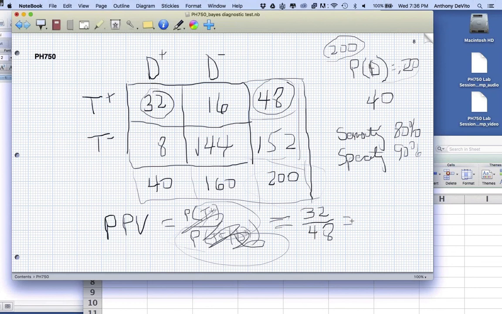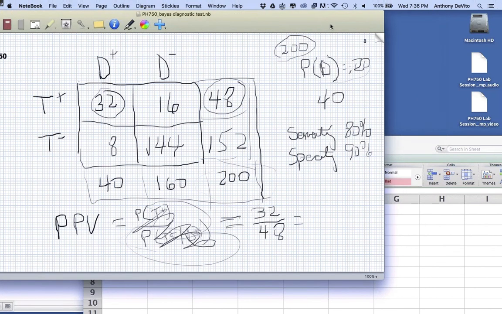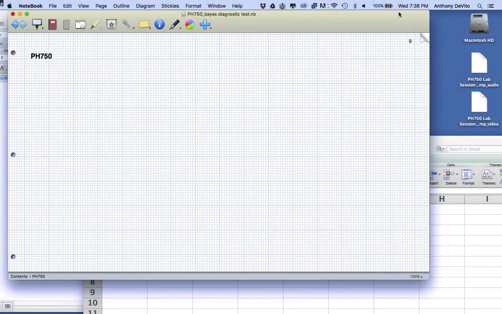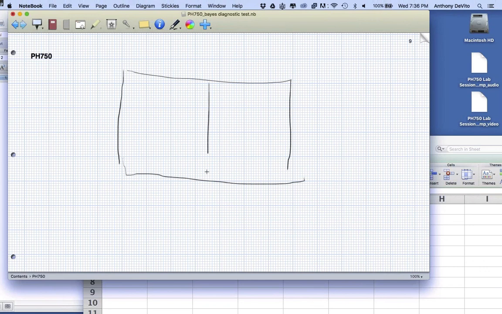So I'm going to do something interesting here. I'm going to redo exactly the same test. Okay, here's my 2x2 table, and I'll extend this out so we get our totals.